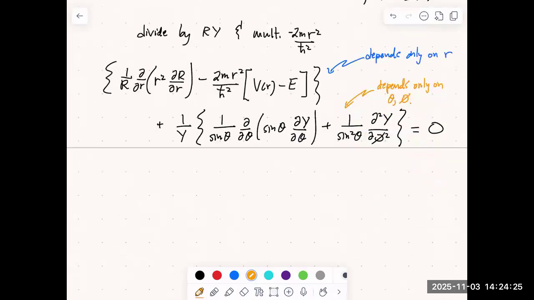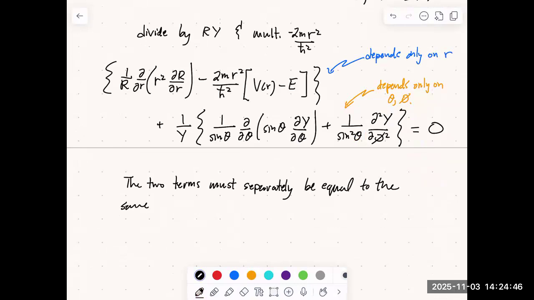So the two terms must separately be equal to the same constant, but with opposite sign.